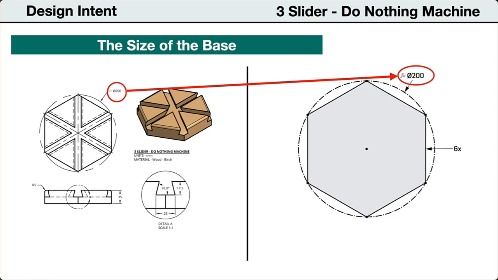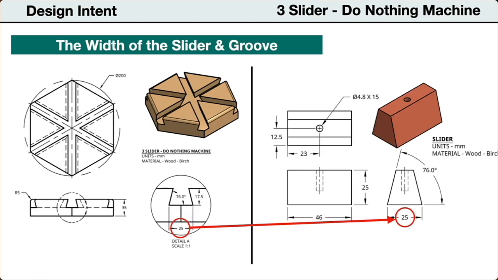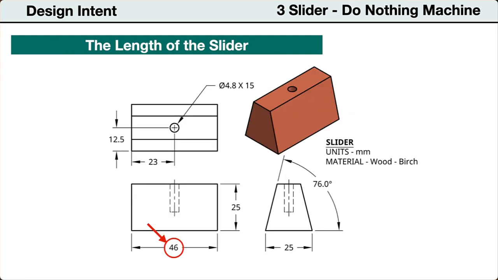We may want to make this a little larger or smaller in the final design. Next, the width of the sliders and the corresponding grooves are initially specified at 25 millimeters. This width may need to be adjusted wider or narrower. Last, the slider has a length of 46 millimeters. This may need to be adjusted a little longer or shorter for best operation.